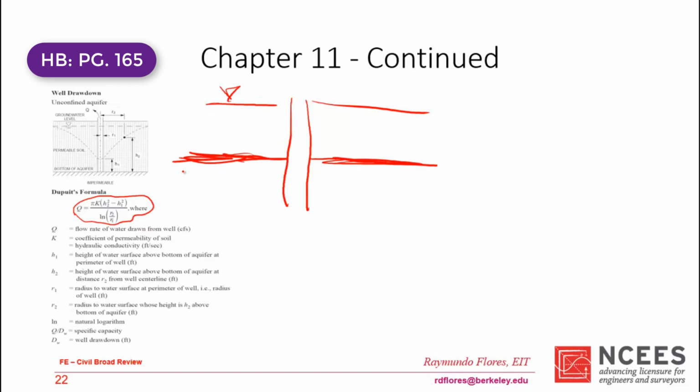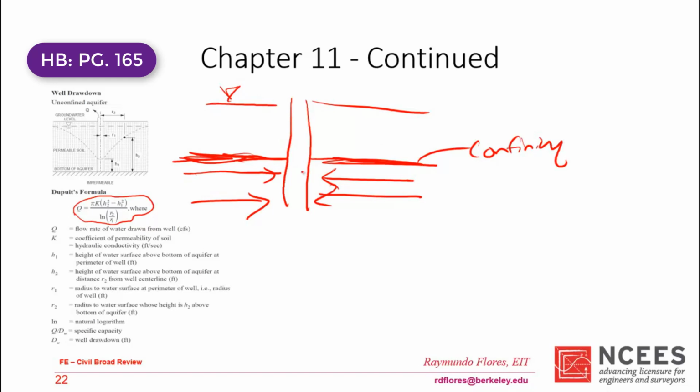Instead, it would have to flow this way. I'm forcing the flow of water. So this is what confining is. I'm forcing the flow of water to go this way, and not this way or this way, because if it was able to go this way, then it would make it weaker.